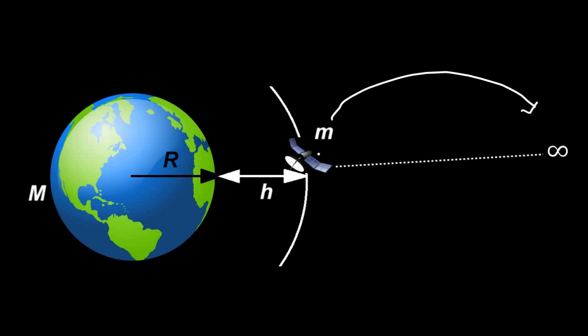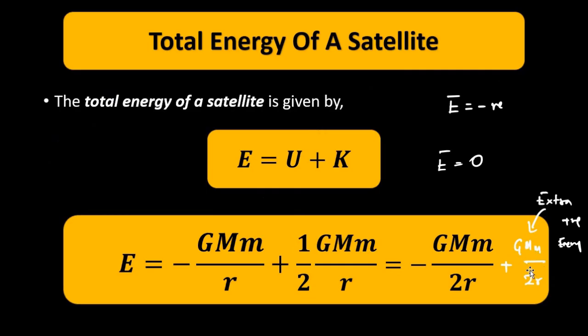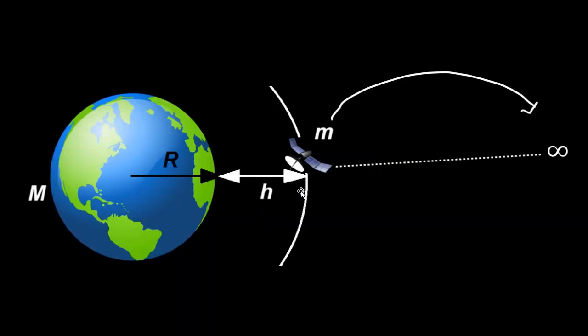I mean, it's not the right word to use, but this much energy is keeping it bound to the earth because of the gravitational pull. So if we supply this much extra energy, plus GMm by 2r, it will free the satellite from Earth's bondage and it will leave its orbital path and escape to infinity.